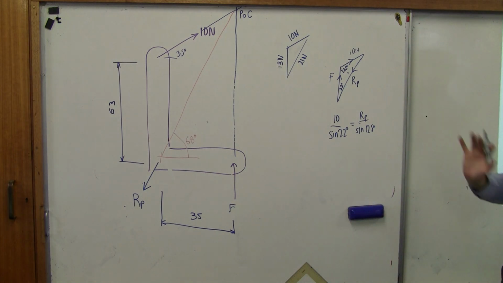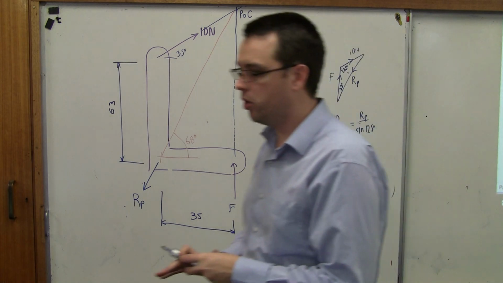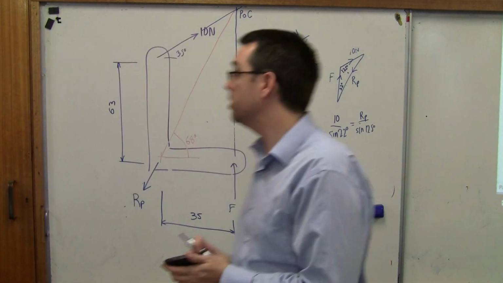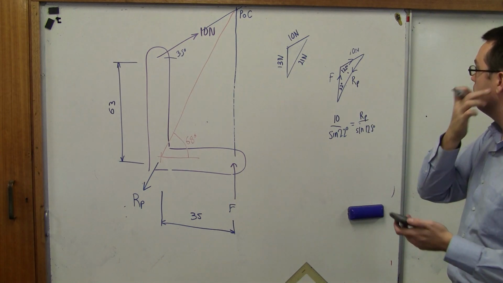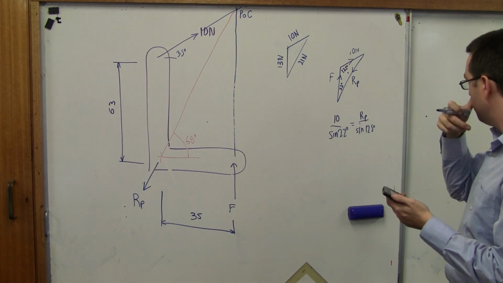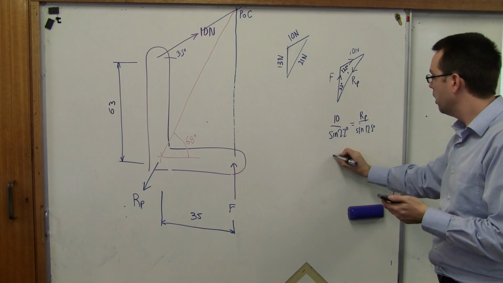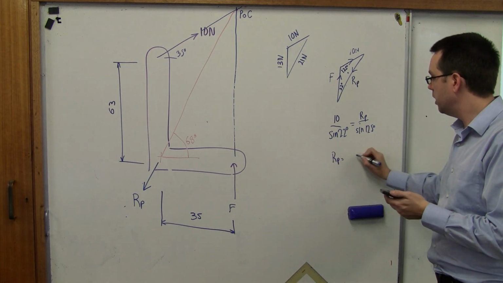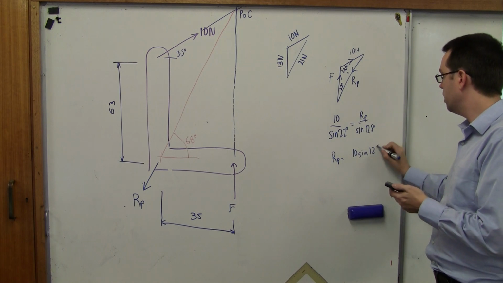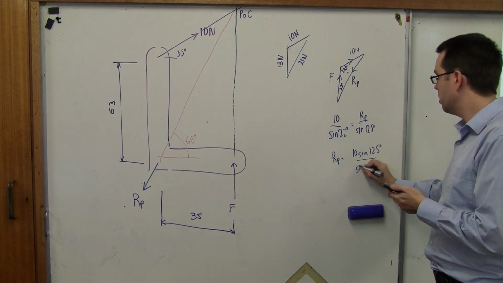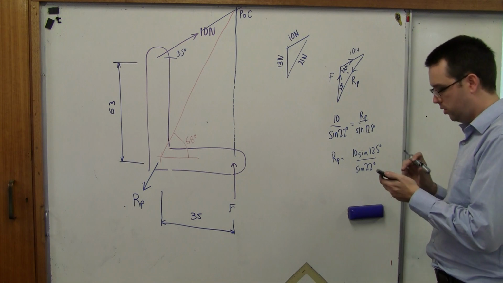Now, I'm okay with having that number being off. I'm okay with having that off being up to 10%. So, especially when I'm using, I mean, they were all drawn pretty rough. So, just to get the actual value, the reaction at P equals 10 sine 125 divided by sine 22 degrees.